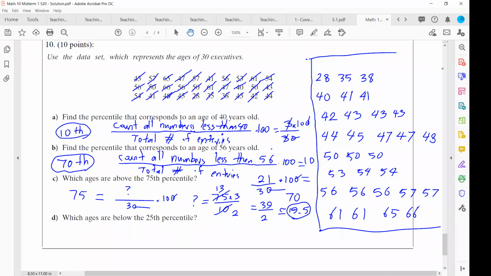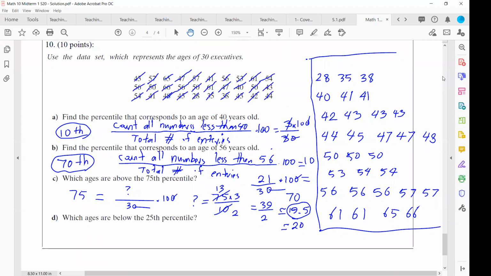So which ages are above the 75th percentile? Remember that this number, which you can round to 20, shows the count in your collection.